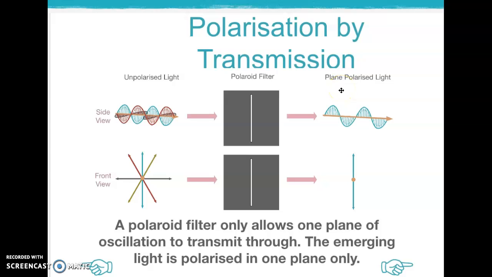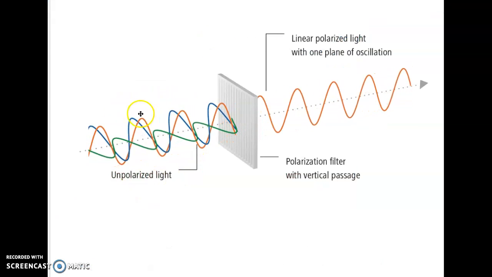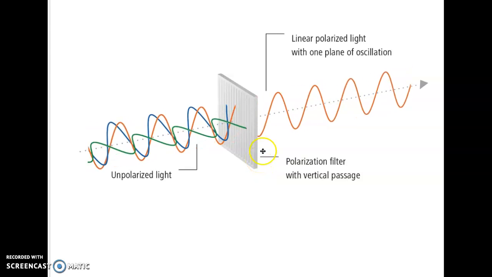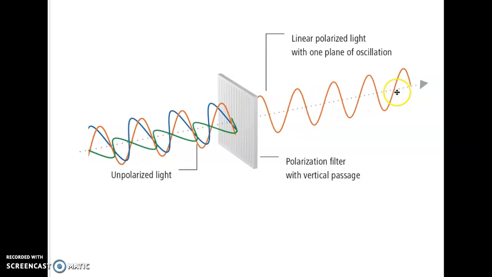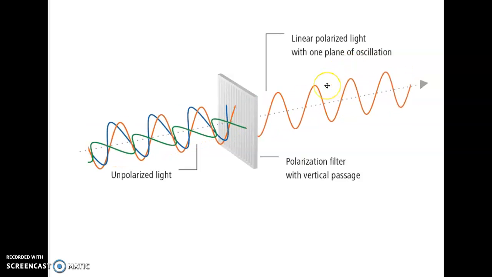That means it no longer has this three-dimensional property, okay? So this is one way of visualizing it. This is your unpolarized light, and your polarizing filter, right, forces only one direction through. And this is what we would call plane polarized light.